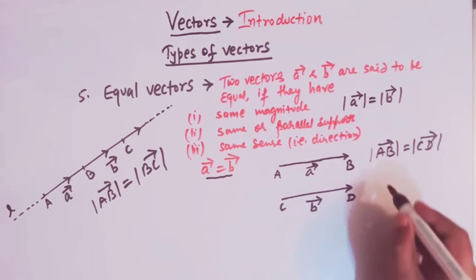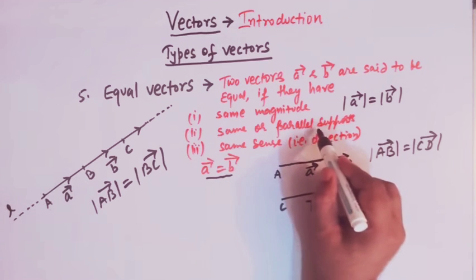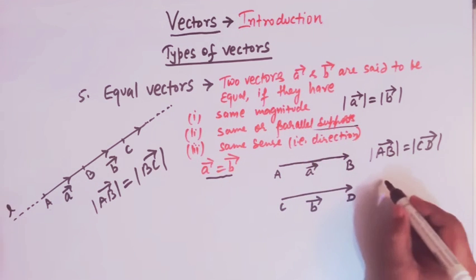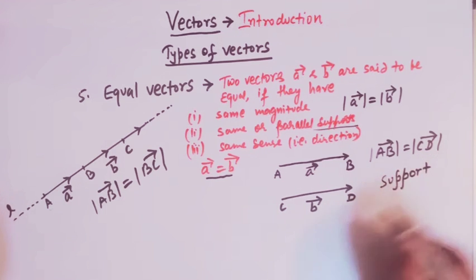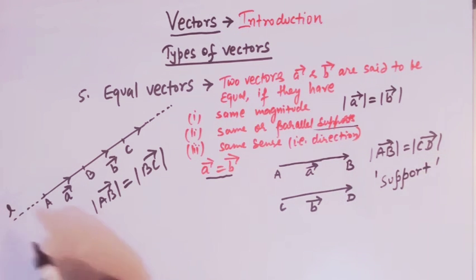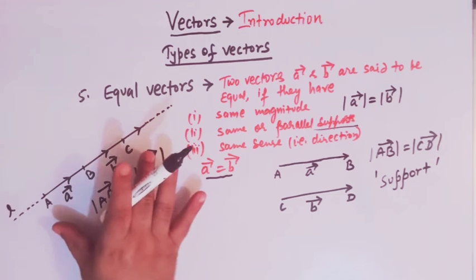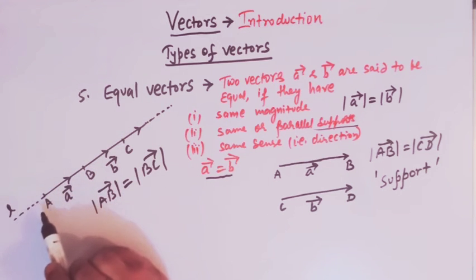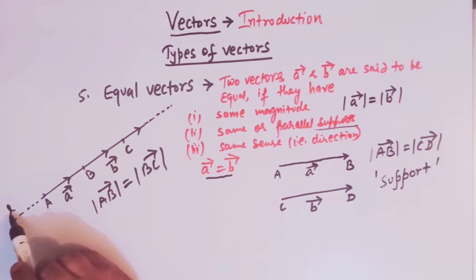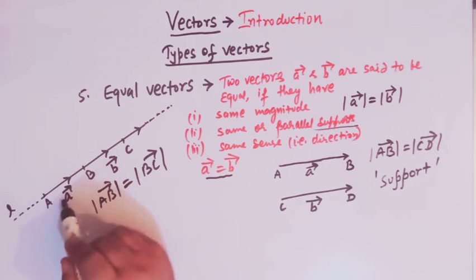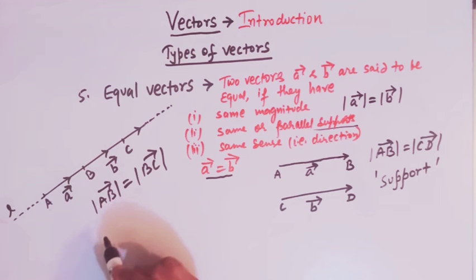Now here I would like to mention the meaning of support. See this figure. The support of vector AB is the line L, of which vector AB is a part, right?